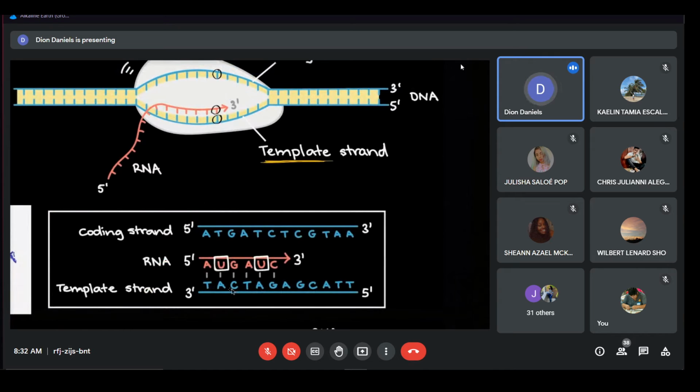And you can see it in a little bit more depth if we actually were to add the nucleotides. So this is the template strand. If you have thymine, then on the RNA you would have adenine. And look, on the coding strand of DNA, the one up here, you would also have an adenine. The coding strand and the RNA essentially end up being the same sequence, but the one difference is that you won't find thymine in the RNA.